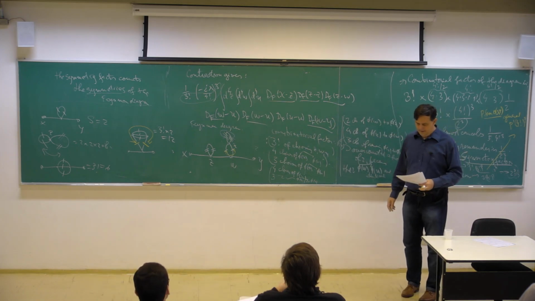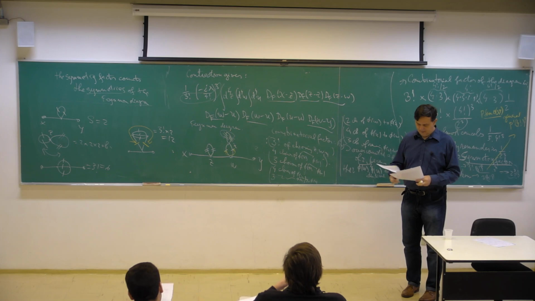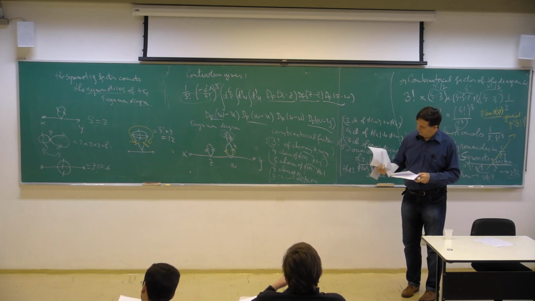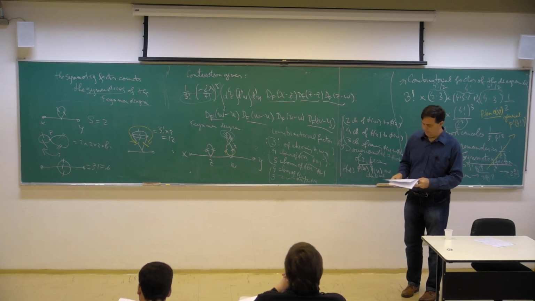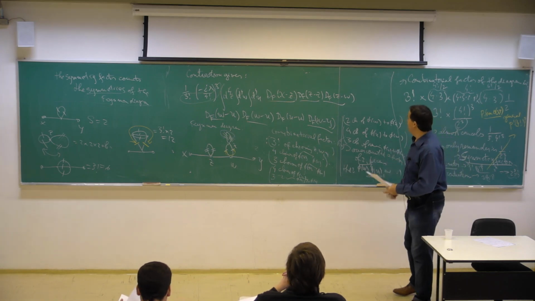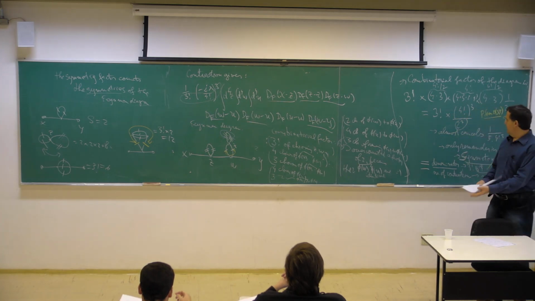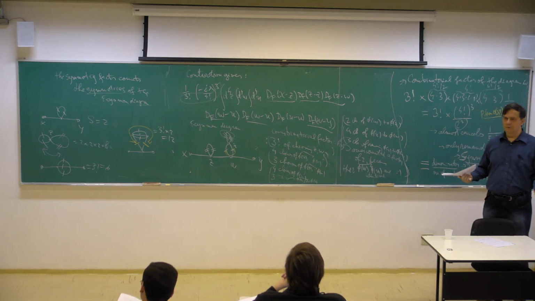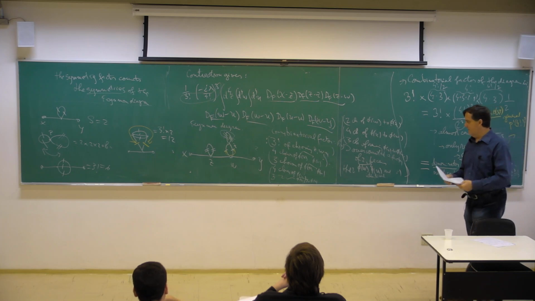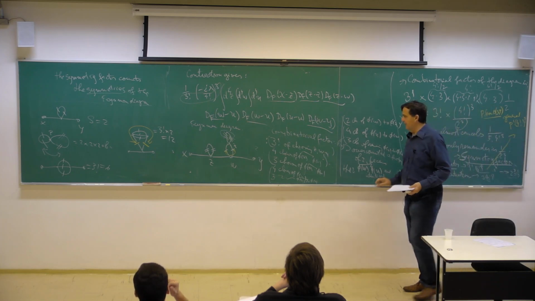So I've told you what the symmetry factor is for these Feynman diagrams, and I've shown you how to draw the diagram. So now let's actually define the Feynman rules.